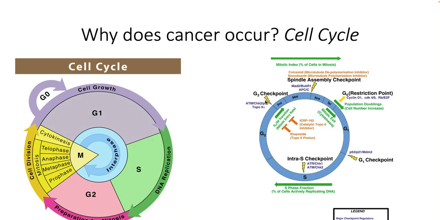For the G2 checkpoint, which happens right before mitosis, for example, ATM, which is a kinase, will turn on proteins that stimulate mitosis, and Chk2 will turn off proteins that stimulate growth. Because during the M phase, they're not growing at that point.